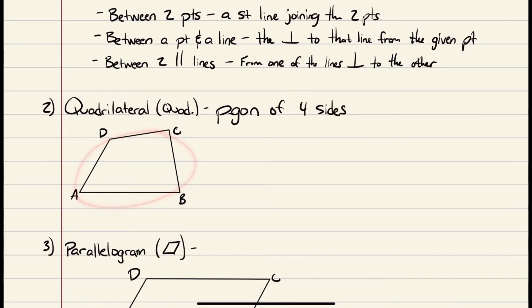And we have a polygon here, A, B, C, D. We can label it, or we can state it by saying quad ABCD, or you could even say quad AC by the opposite vertices.